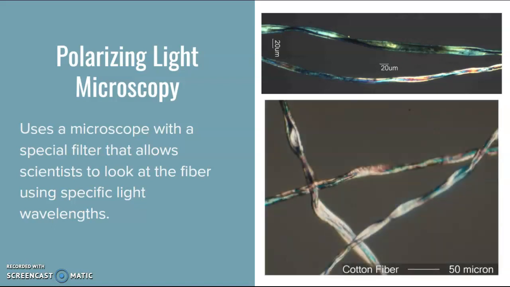Here is another image of cotton fibers, and it's just a little bit closer, but this one shows that these fibers all reflect similar colors of light, similar wavelengths of light, and are more likely going to be from the same source.